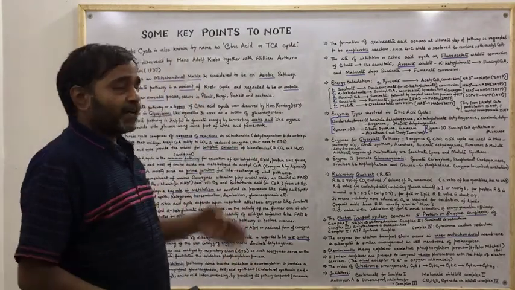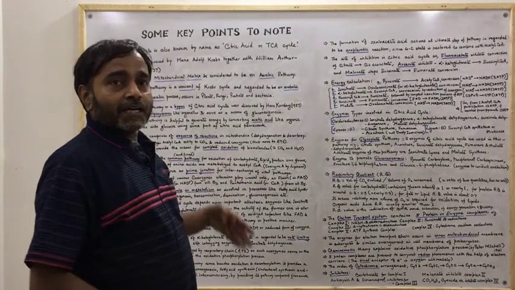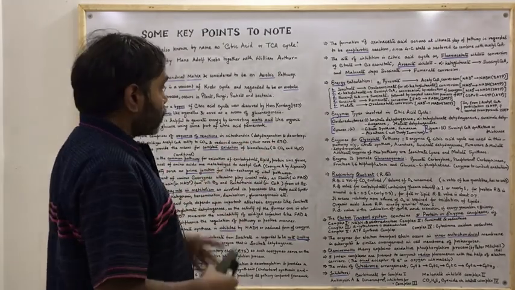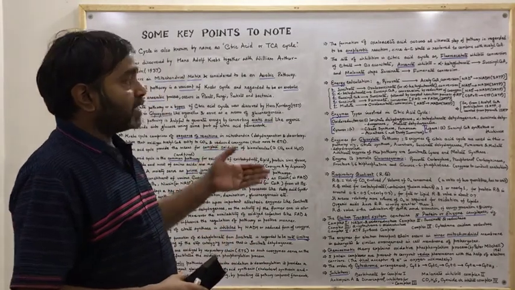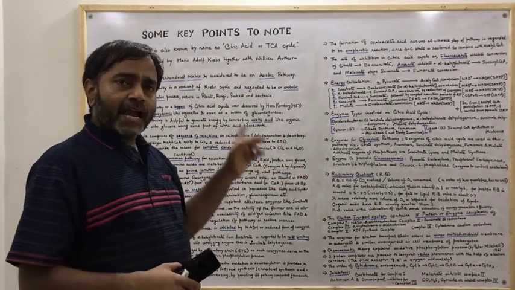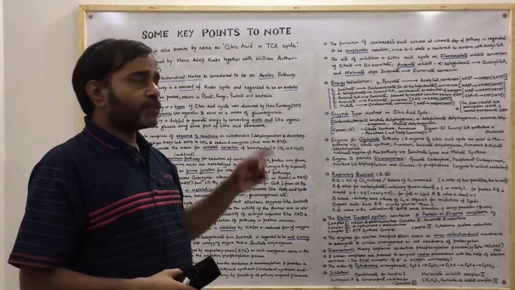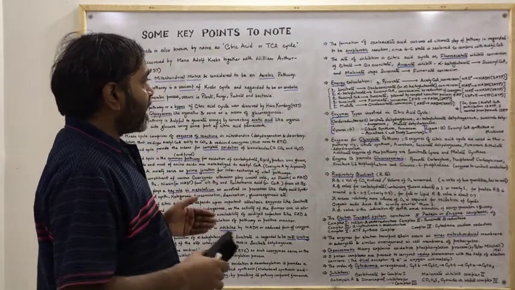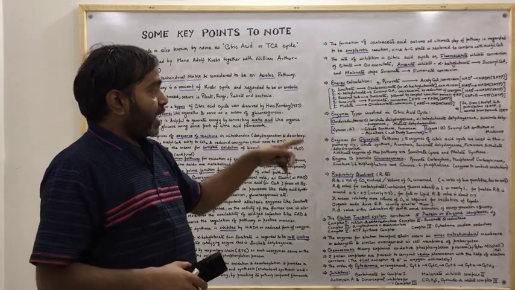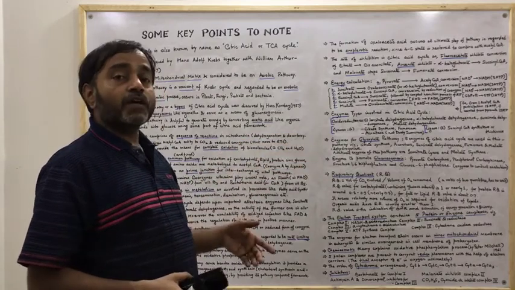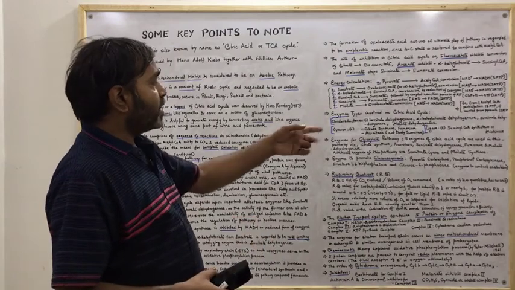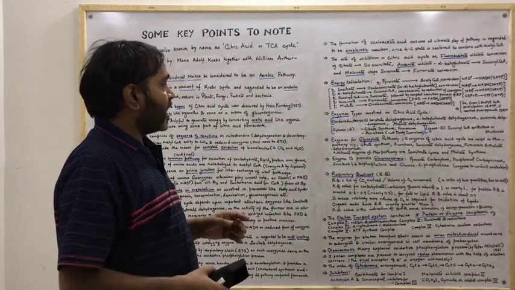Now what is the next point that I have written regarding the glyoxylate pathway? There are particularly 5 enzymes in the citric acid cycle that are utilized for the glyoxylate pathway, and these are citrate synthase, aconitase, succinic acid dehydrogenase, which you may call succinate dehydrogenase, fumarase, and malate dehydrogenase.